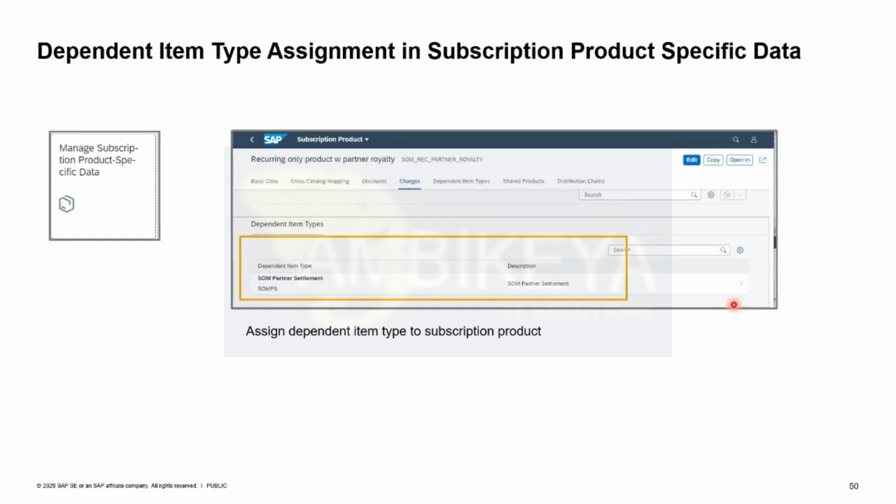So in manage subscription product specific data, we can assign a dependent item type. This is one of the blocks there where you can assign a dependent item type.